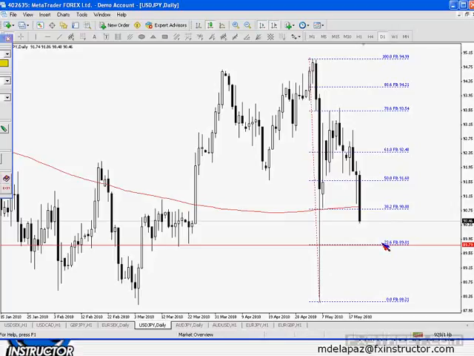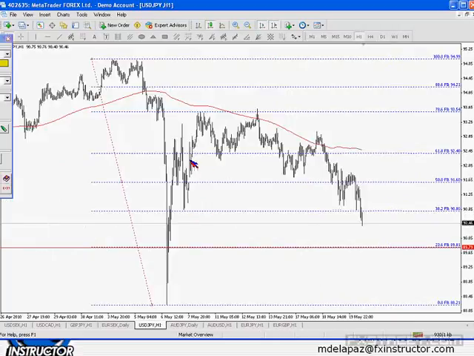In intraday terms, what can we come up with following our break of lows? Well, let's see.